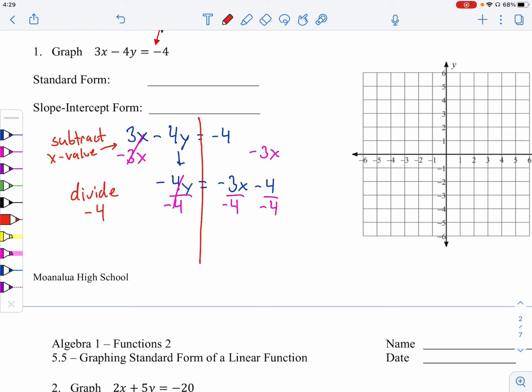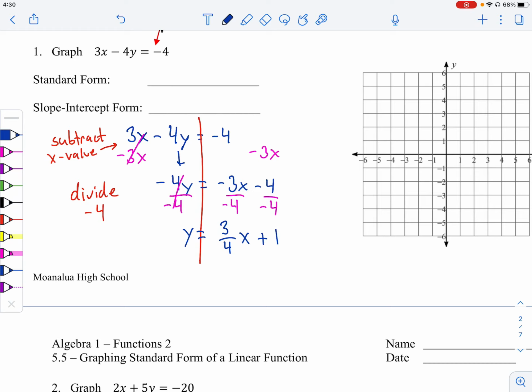So we have y equals, and then negative 3 over negative 4, it's a fraction, we leave it as a fraction, so it should be positive 3 over 4 x, and then negative 4 divided by negative 4 is positive 1.